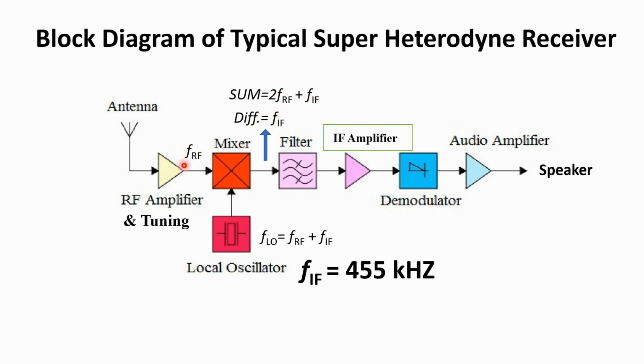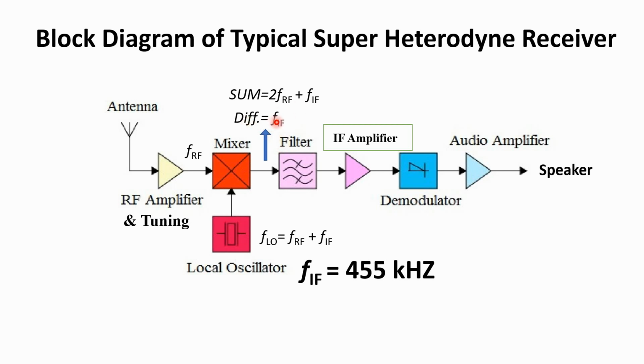If your received frequency is FRF1 instead of FRF, here FLO is fixed, FRF plus FIF, right? So the sum frequency would be FRF plus FIF plus FRF1, and the difference frequency will be FRF plus FIF minus FRF1, right?